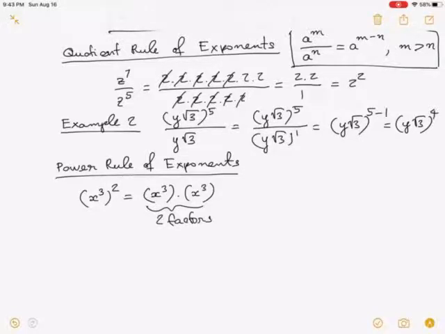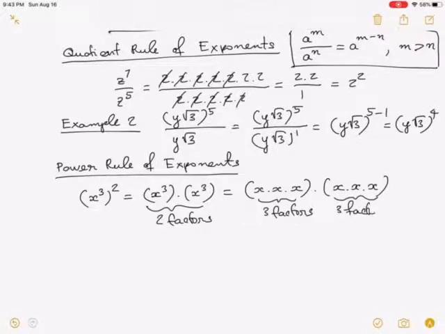So this is 2 factors. x to the power 3 is x times x times x, 3 factors, and x to the power 3 is also 3 factors.